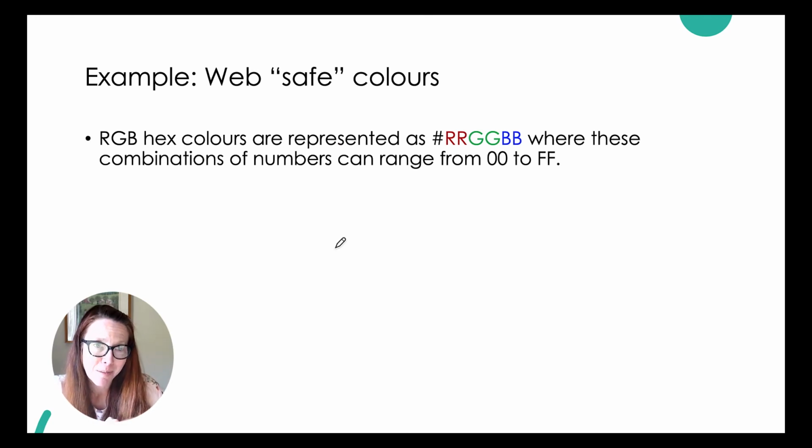One interesting example of this comes up when we think of web-safe colors. And this is a term that's been around since the start of the web. It originated from the fact that people had limitations on the amount of RAM, especially RAM dedicated to video. And just as in the description earlier about RGB colors, red, green, blue, web colors, how we represent colors on website pages, are represented as a combination of red, green, and blue.